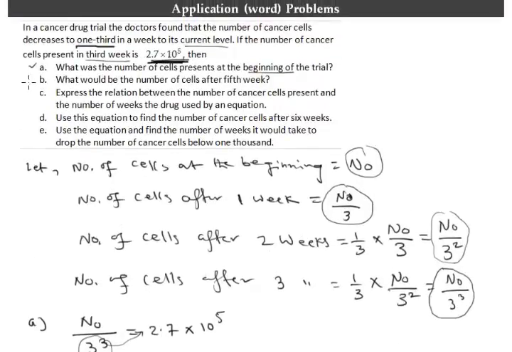Okay. Now question B, what would be the number of cells after the 5th week? If we see the pattern, the number of cells after 1 week is N0 divided by 3 to the power 1. After 2 weeks, N0 divided by 3 to the power 2. After 3 weeks, it is N0 divided by 3 to the 3.